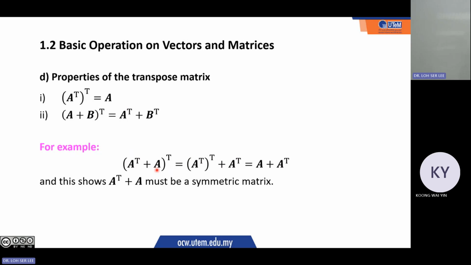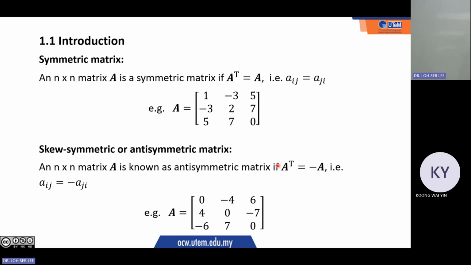A transpose plus A is the same as A plus A transpose, the same matrix. So that matrix transposed equals the matrix itself, which means it is a symmetric matrix. You still remember: A is symmetric if A transpose equals A.